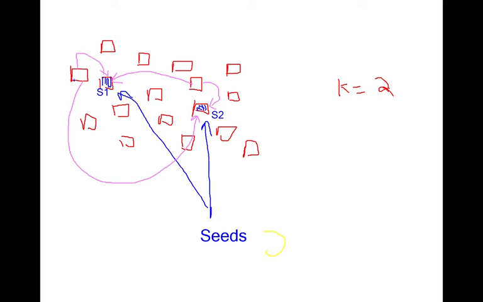Now since this data point is near to this one, it will be assigned to this cluster, right. For the sake of understanding, let me make all the data points in the same cluster green. And since this data point is nearer to S2, it will be assigned to the cluster S2.